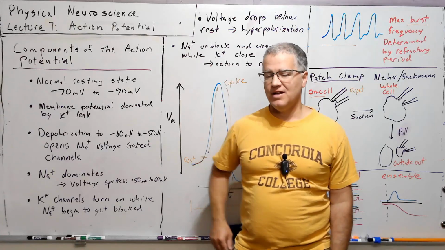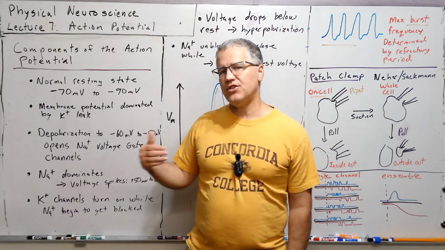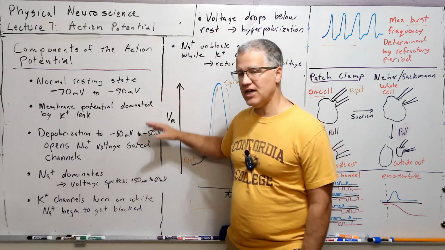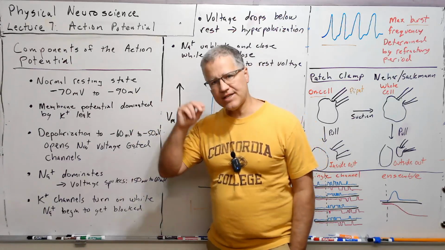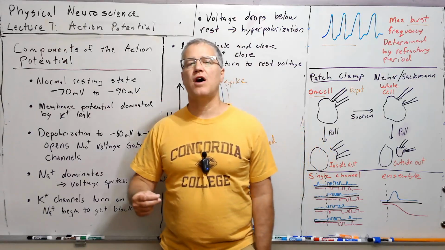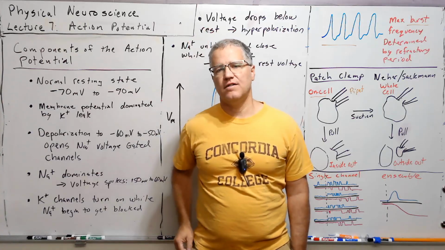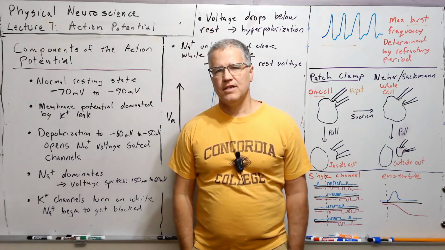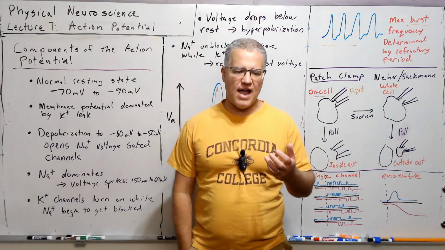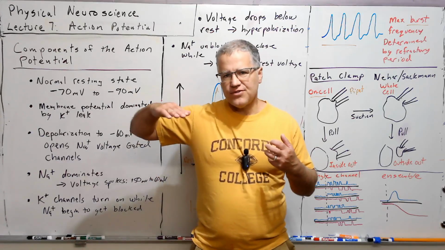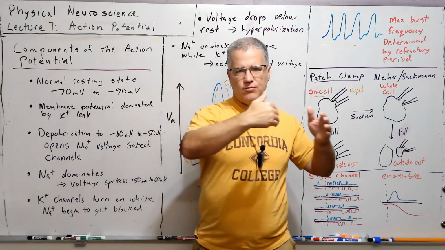This doesn't mean we have learned it all, certainly, but what I would like you to do now is just try to tell yourself the story of this with a blank sheet of paper and see if it makes sense to you based on what we've talked about so far, how we can get this large swing of voltage. It's called an action potential because it's active, or it's not this sort of slow, passive electrical signal moving on.